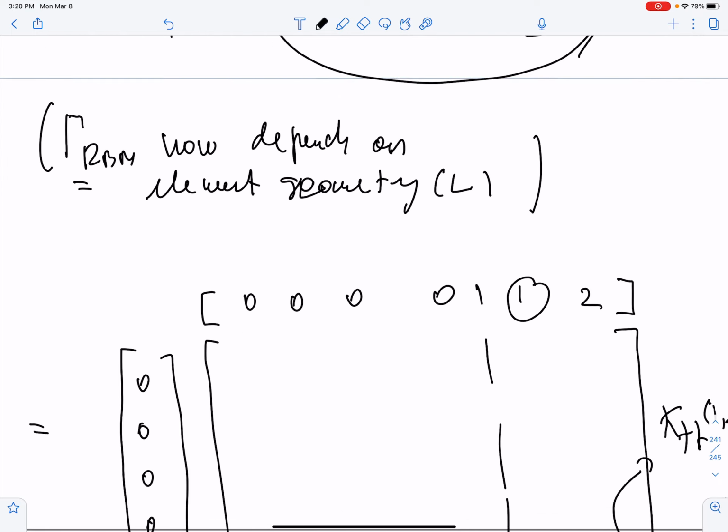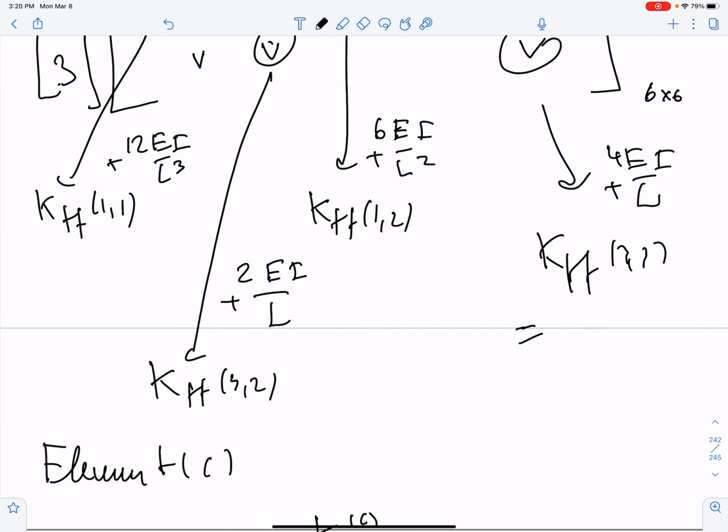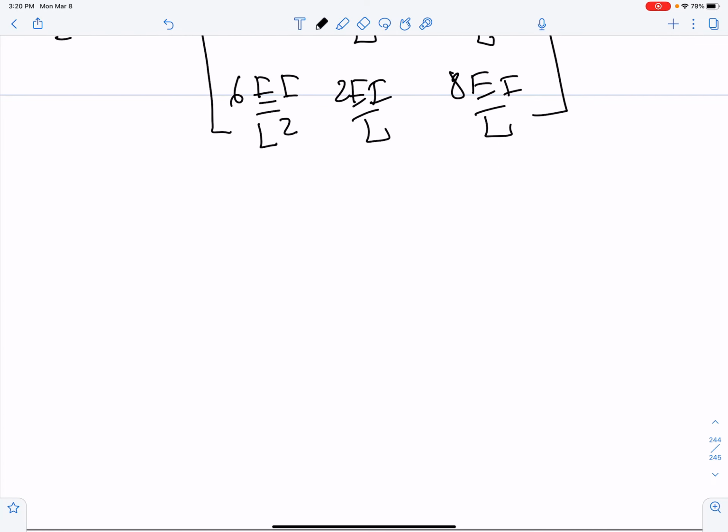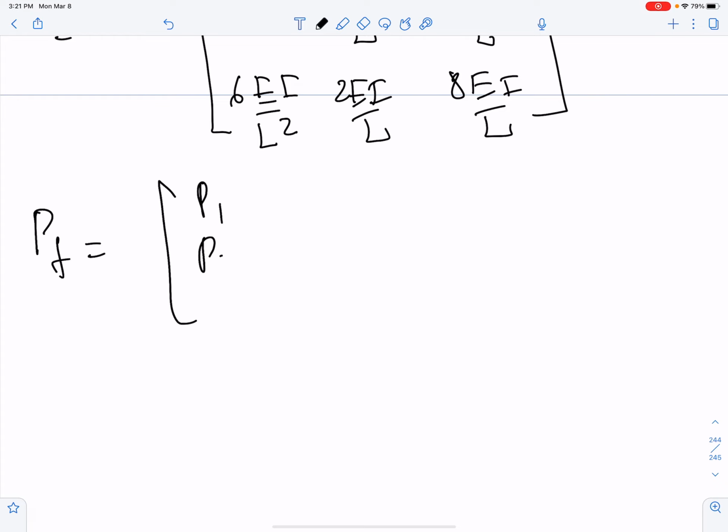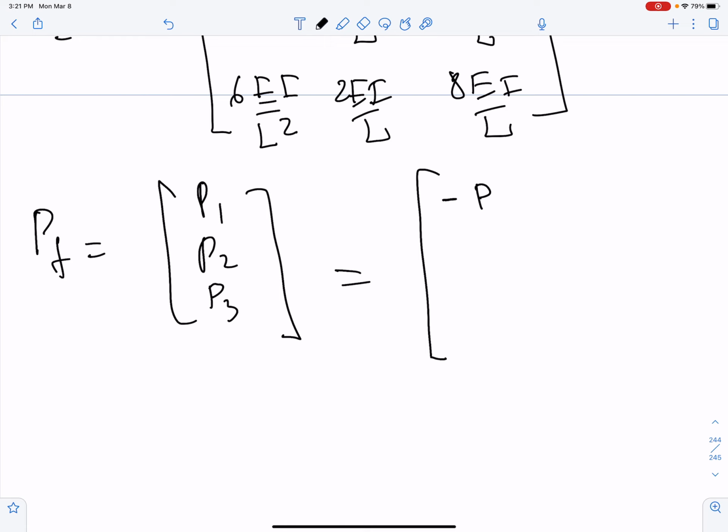So PF equals, P1, P2, P3. We're explicitly applying P1 in the direction of negative y with magnitude P, so you get minus P here. And we're not applying anything on the second or third degree of freedom. Implicitly, it means the corresponding generalized forces are 0.